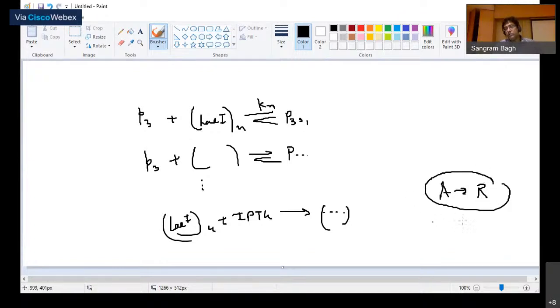You solve it and you get what is called first order kinetics. Now here you can see there is a series of reactions, so you have a series of differential equations to solve simultaneously.